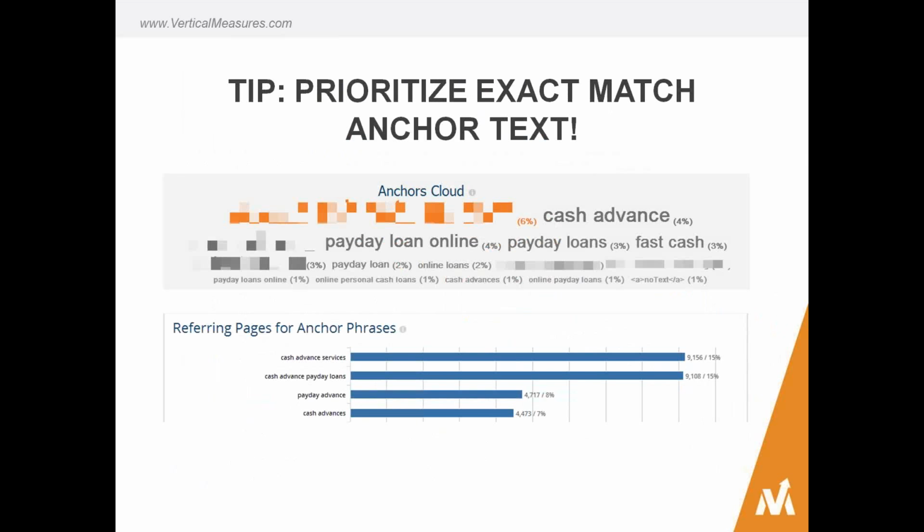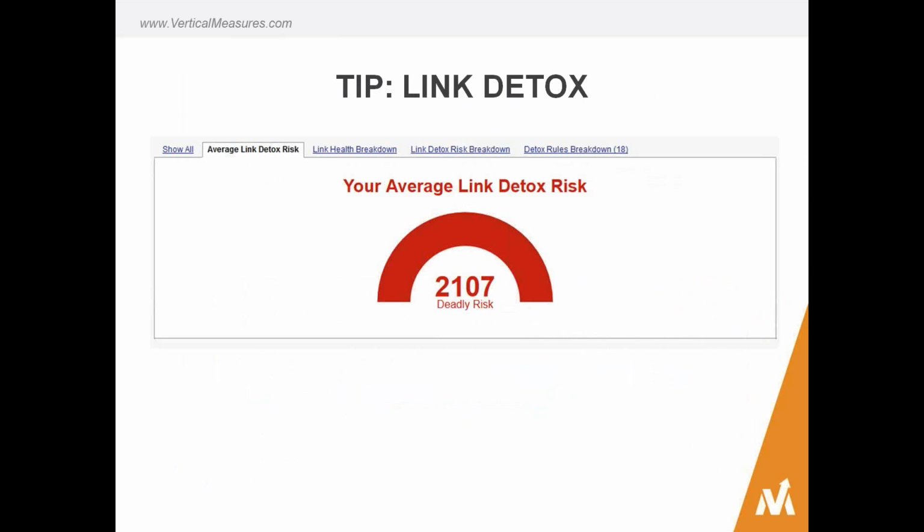Matt Cutts has mentioned multiple times that payday, pills, porn, gambling, all those industries typically attract very bad link spamming. So the Anchors Cloud, this is what I want to emphasize today. In addition to the link detox, I'm going to back up here.